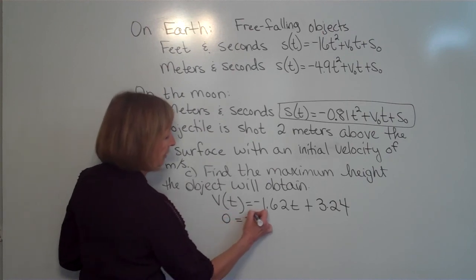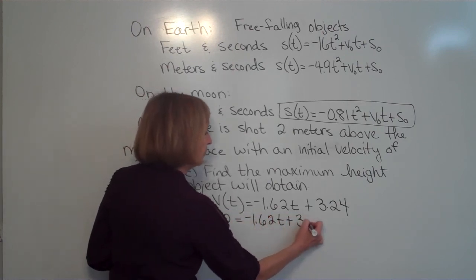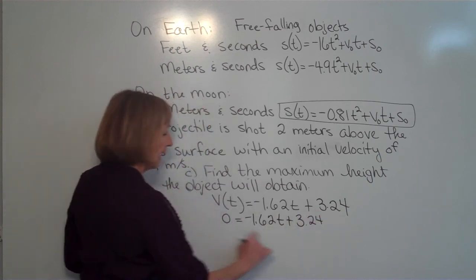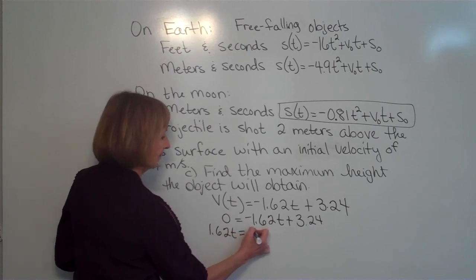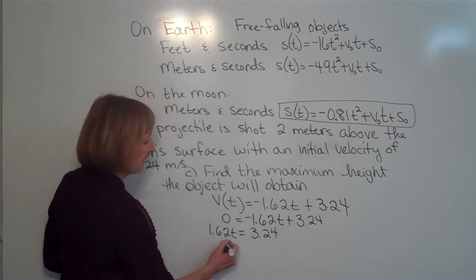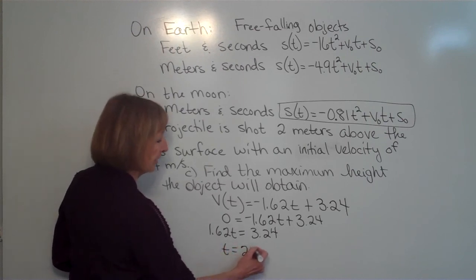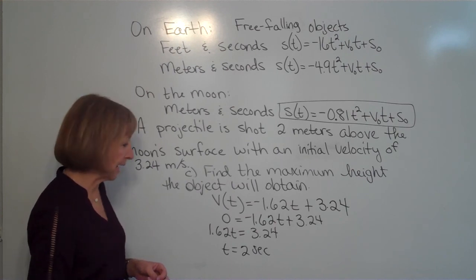So 0 is equal to negative 1.62 t plus 3.24. Add the 1.62 t to both sides, and divide both sides by 1.62. My t is equal to 2 seconds. That's the time at which it hits its maximum height.